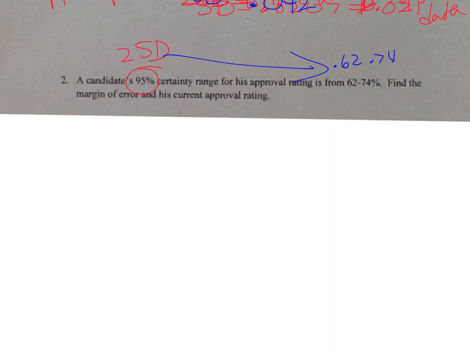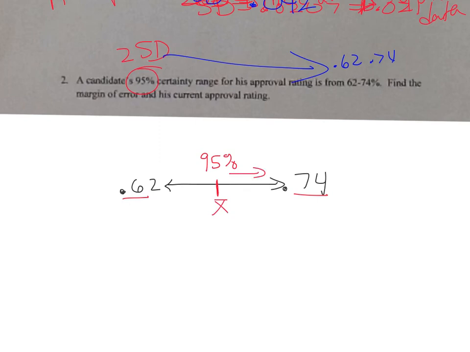All right, so I have 0.62 and 0.74. What this represents from here to there is 95% of the data. From here to here represents 2 standard deviations from the mean. So this is 2 standard deviations above the mean, and this would be 2 standard deviations below the mean, which represents 95% of the data.